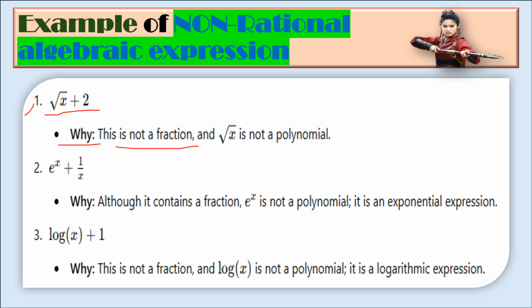The square root of x is not a polynomial. And let's have number 2, e raised to x plus 1 over x. It is not a rational algebraic expression because although it contains a fraction, e raised to x is not a polynomial. It is an exponential expression.